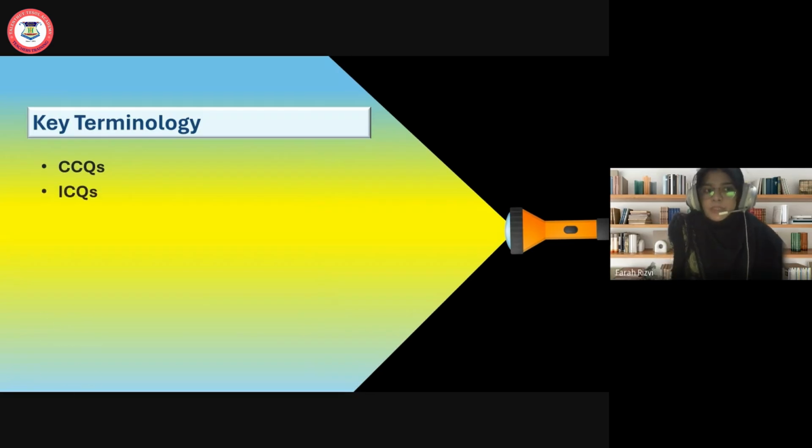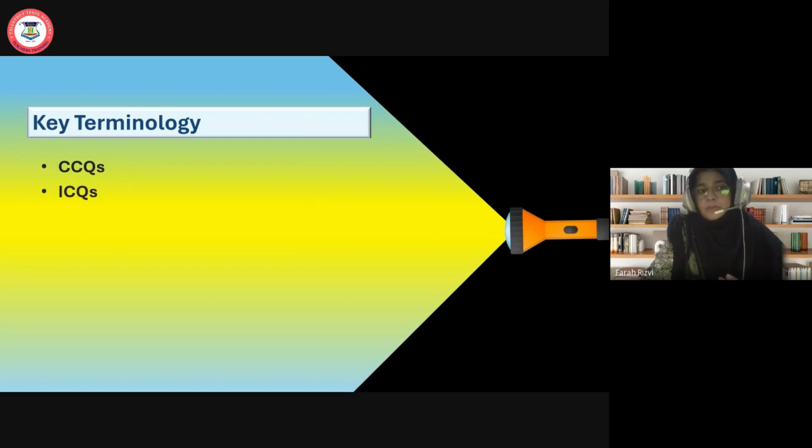ICQ, instruction checking questions. ICQ means checking that students understand what to do. ICQs are important because, instead of repeating the instructions again and again in the classroom, you should ask ICQs to avoid any confusion.